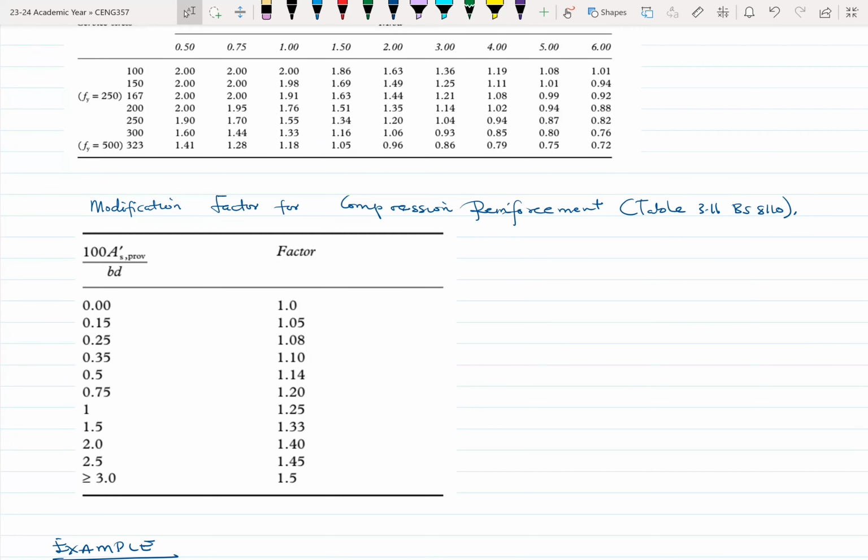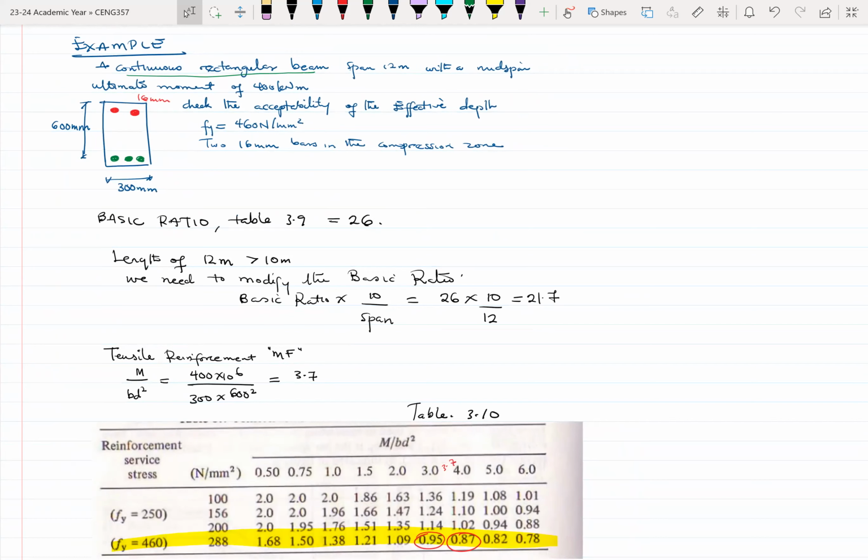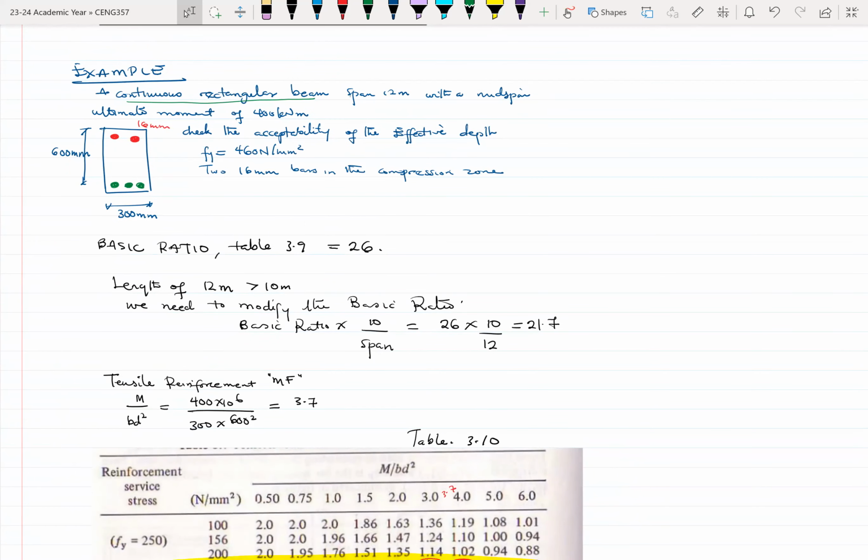So I put in an example in our notes, which goes like this: a continuous rectangular beam. It spans 12 meters with a mid-span ultimate moment of 400 kilonewton meter, and a depth of 600 millimeters.